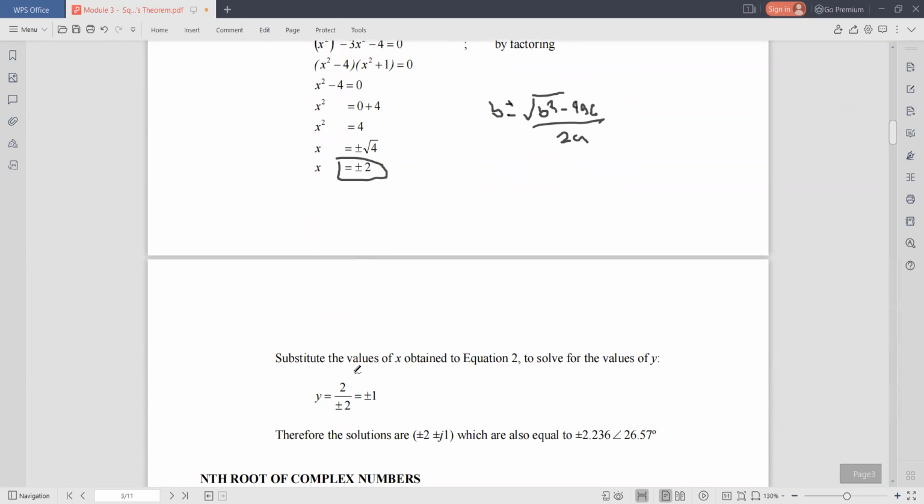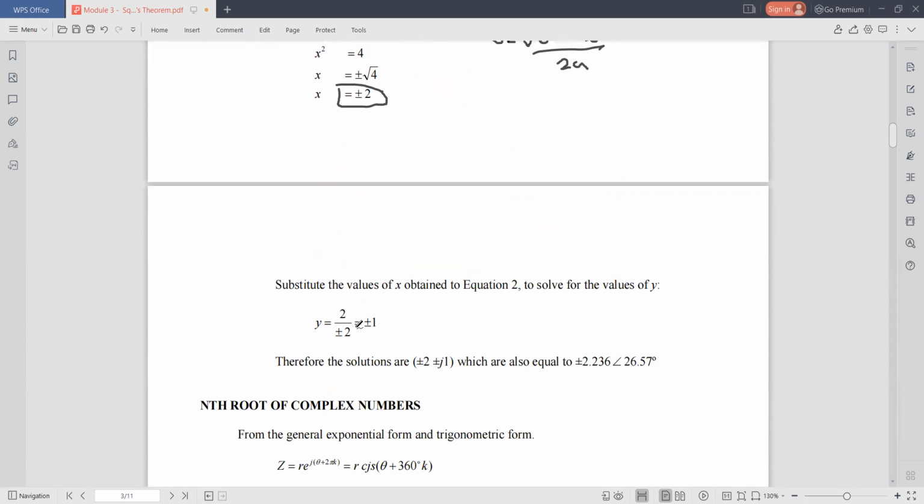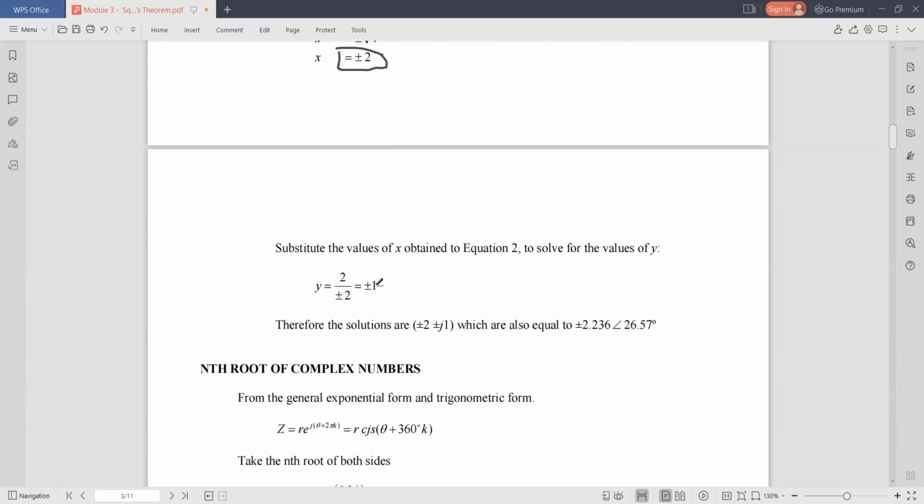So substitute natin the values of x obtained from equation 2 to solve for y. So you have your plus minus 1. Therefore, the solutions are plus minus 2 plus minus j1. That is also equal to plus minus 2.236 angle of 26.57 degrees.